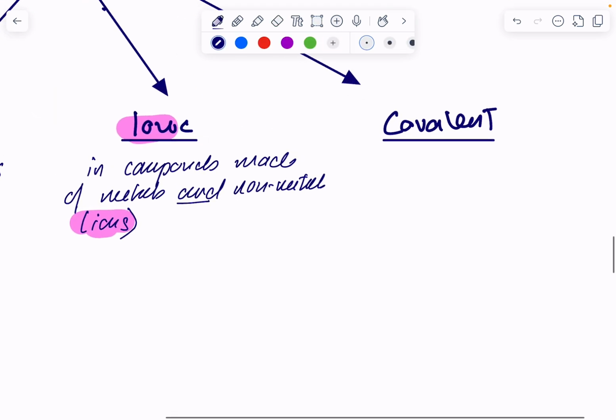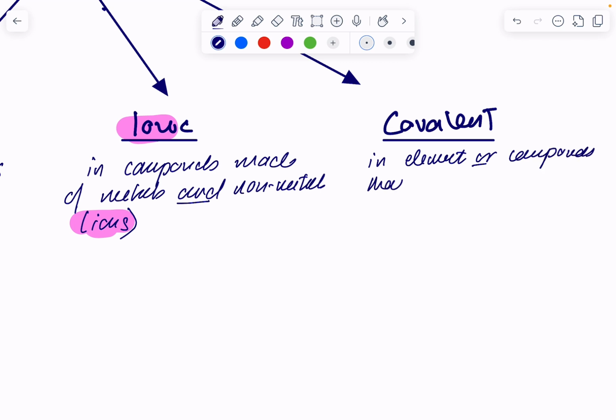Covalent bonding is in elements or compounds that only contain, think what I'm going to write here, non-metals.